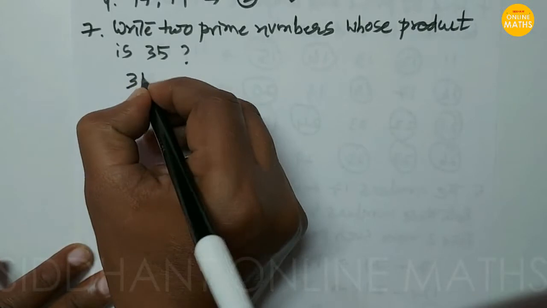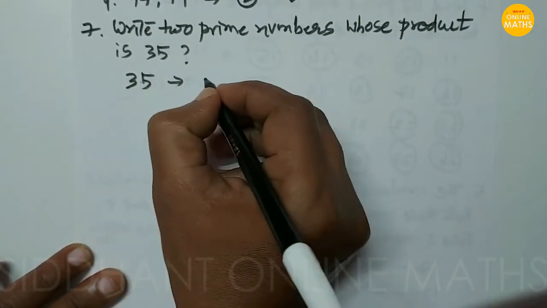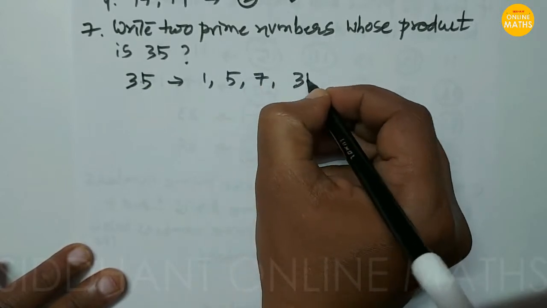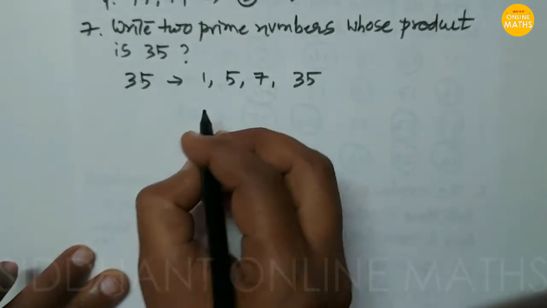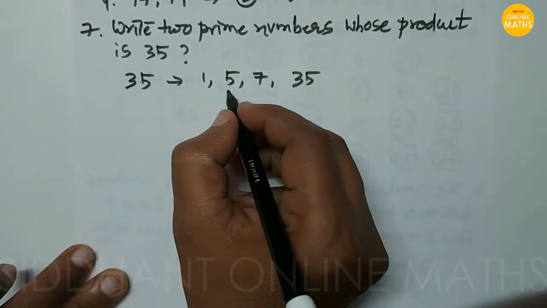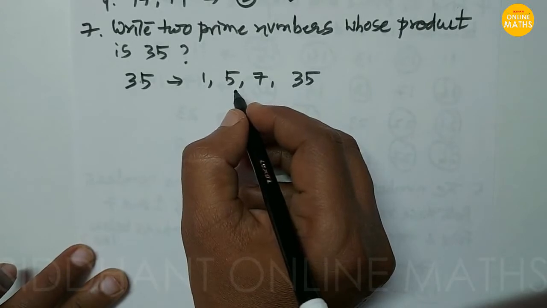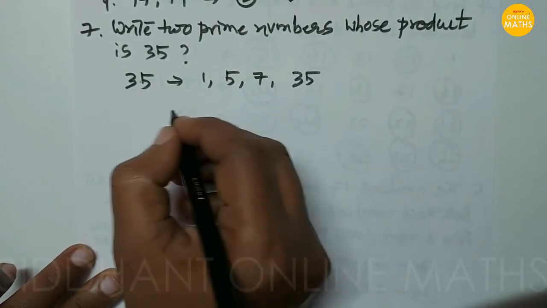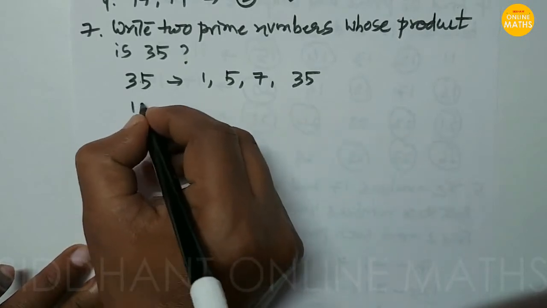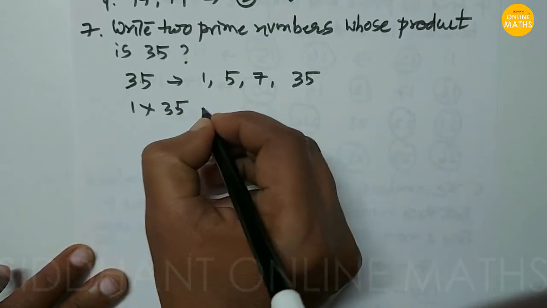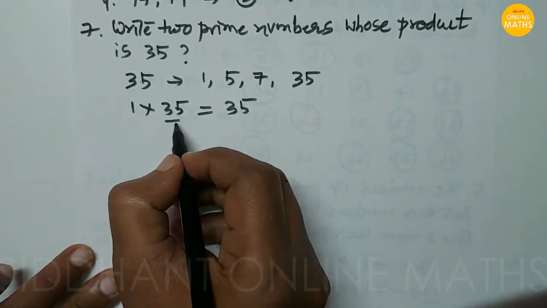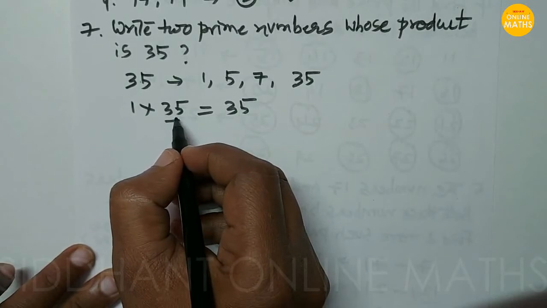The factors of 35 are 1, 5, 7, and the number itself, 35. Here, the multiplication of 1 into 35 gives 35, but the numbers are not both prime. 35 is not a prime number because it has factors 5 and 7.